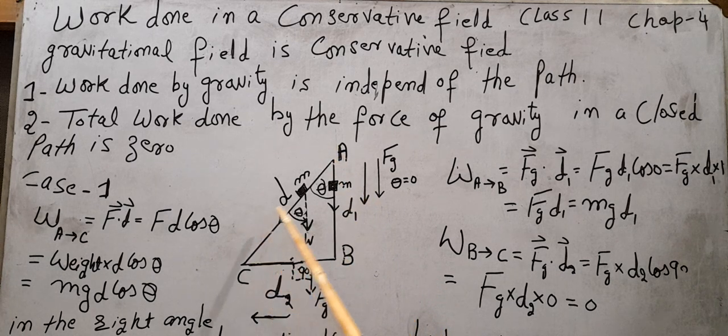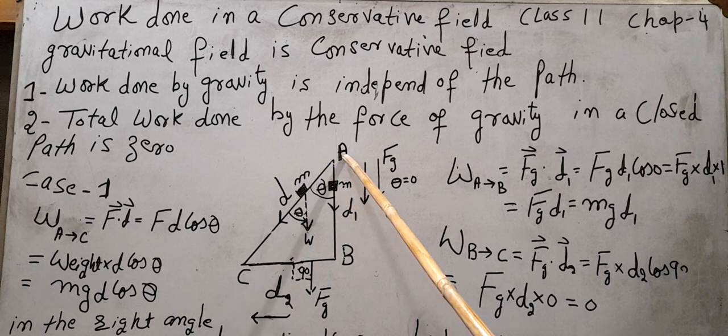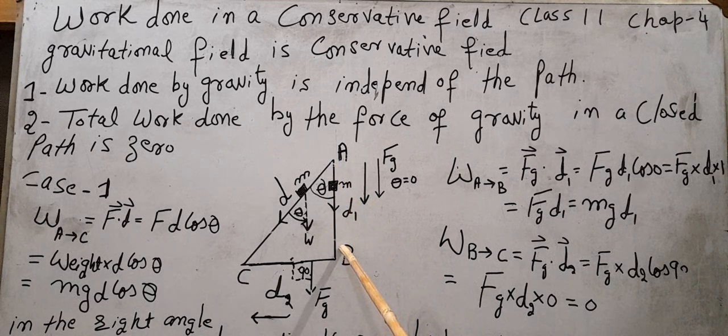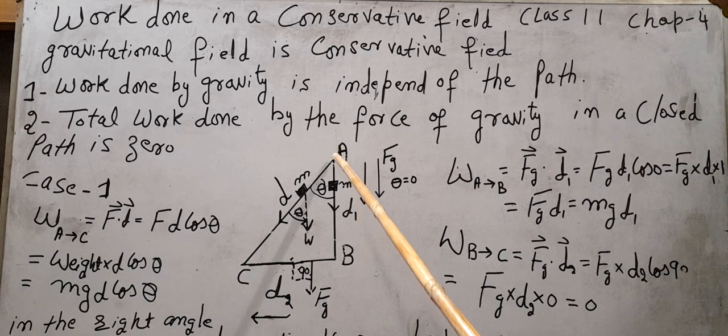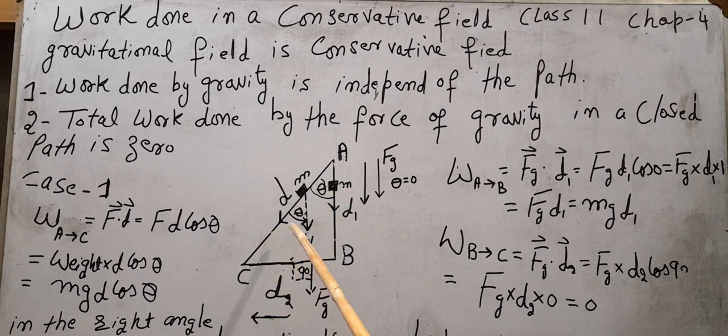Again we move the body from A to C, and the work in moving the body from A to C is exactly the same as the work done in moving the body from A to B and then B to C. It means that the work done by the force of gravity does not depend on the path followed by the body, but only depends on the initial and final positions of the body, which are the same in both cases.